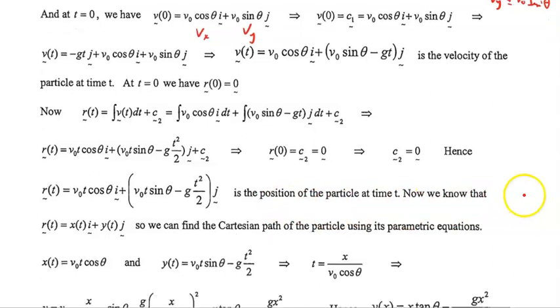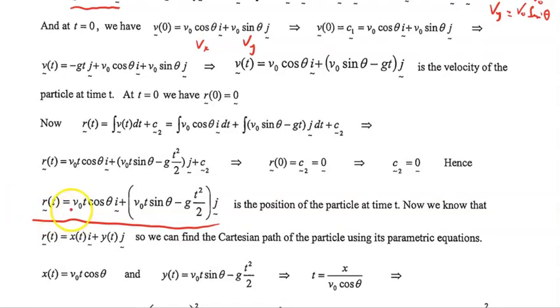So this is the general expression for the position function of a particle at any time subject to projectile motion with some initial speed v0 at an angle theta with respect to the Earth, in the Earth's gravitational field. This is its velocity vector at any time t, in the Earth's gravitational field with an acceleration of g.